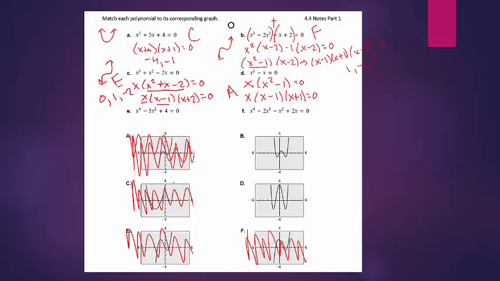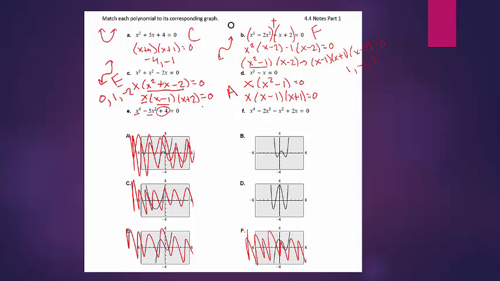Now for letter E, we might not know how to graph that, or how to factor that, because it has x to the 4th, and we haven't learned how to factor things that are higher than squared unless they have a GCF, and there is no GCF for letter E. But the good news is it is in standard form, and when something's in standard form, the last number is the y-intercept.